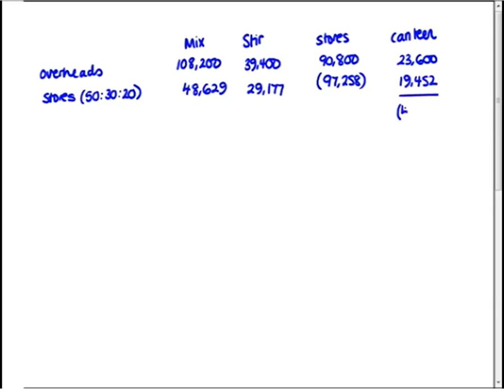Then for the canteen, we're going to allocate out 43,053. And for the canteen, that's going to be in the split 45, 40, 15. So 45% will go to mixing and 40% will go to the stirring department, and the final 15% going into stores.